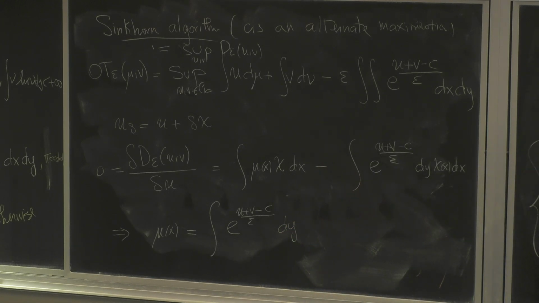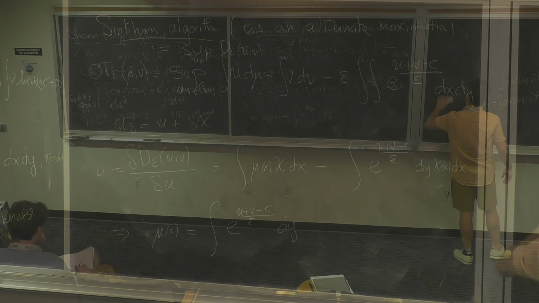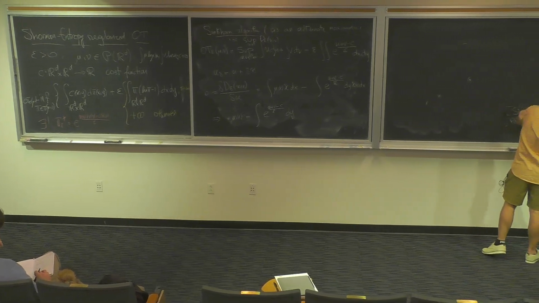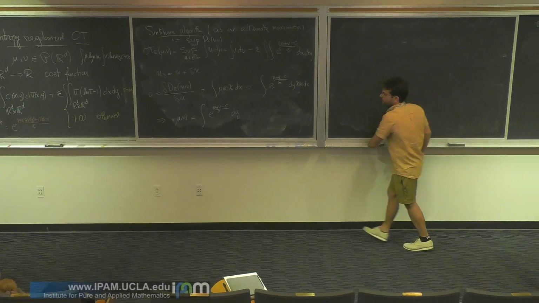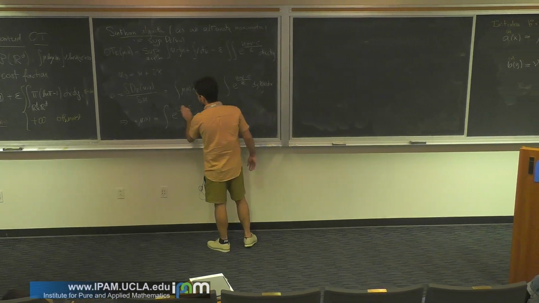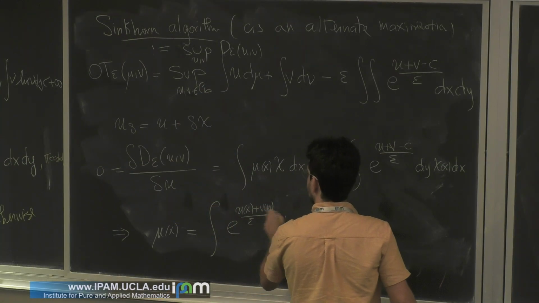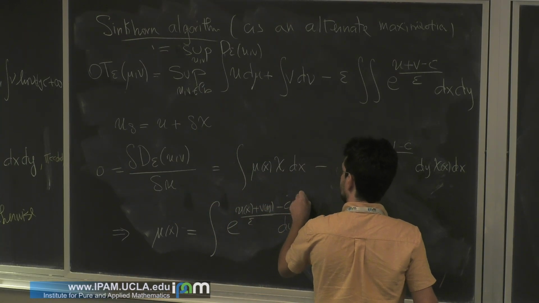So, and if I put, just to make things more explicit, I have u of x plus v of y minus c of x and y, that depends on x and y.